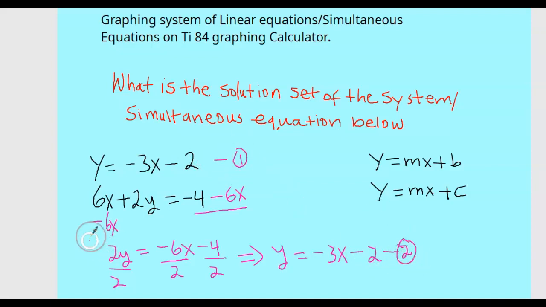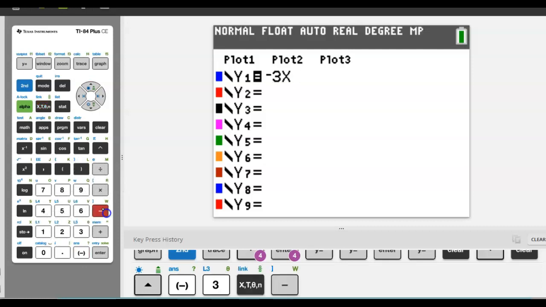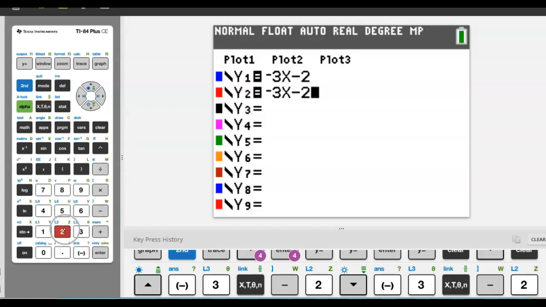Even by the look of it, you see that they are all the same. But let's put it in the calculator and see what is going to come out. We have -3x minus 2, and we have the same -3x minus 2, and then we hit graph.